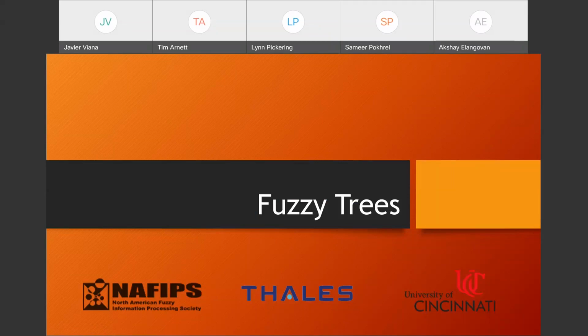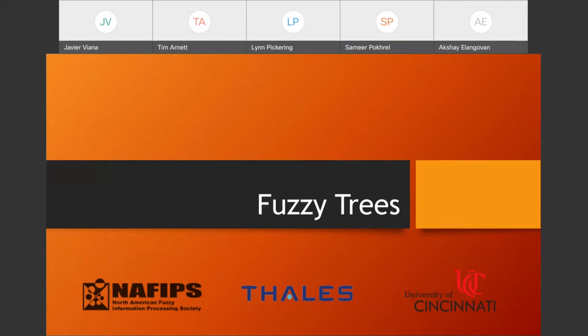Fuzzy trees are a way of combining a bunch of different fuzzy inference systems into a structure such that you can still approximate something without having the rule explosion that happens with a single fuzzy system. So in a single fuzzy inference system, the number of rules that you have to define increases exponentially with the number of inputs.